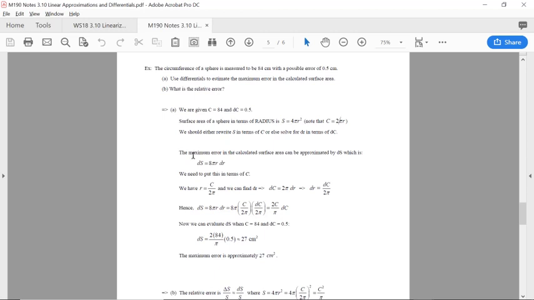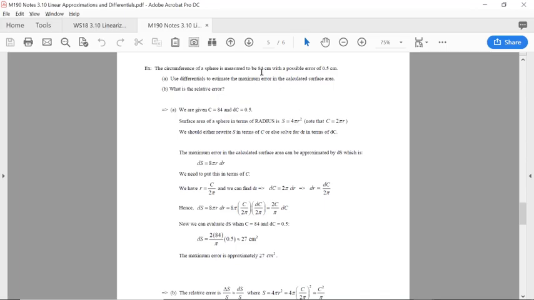So the maximum error in the calculated surface area, that is delta S, can be approximated by dS. We can calculate the surface area at 84 by plugging in an appropriate value of r into this formula.